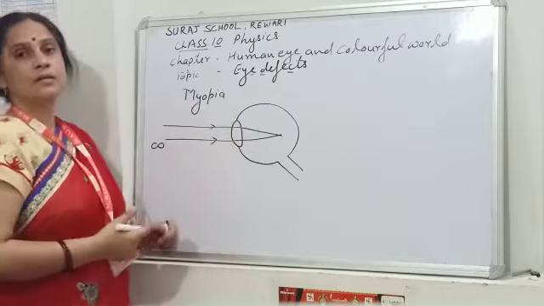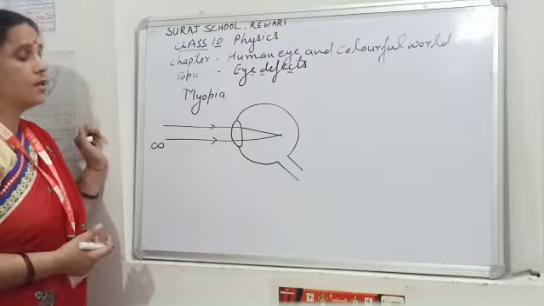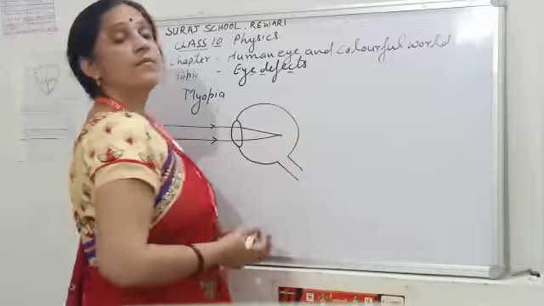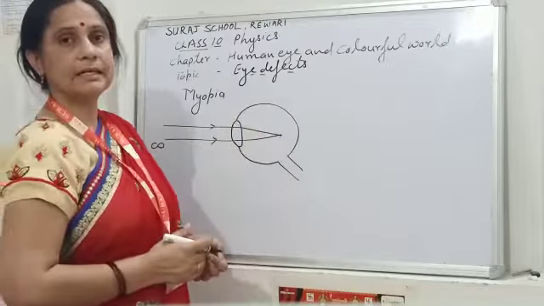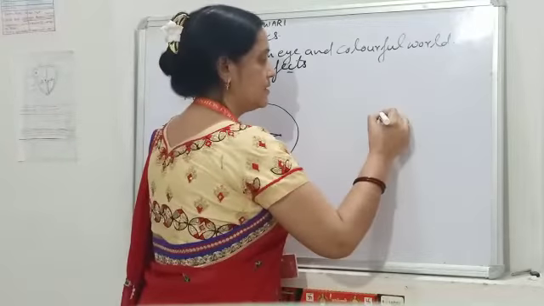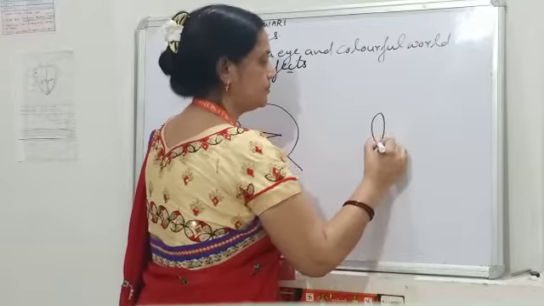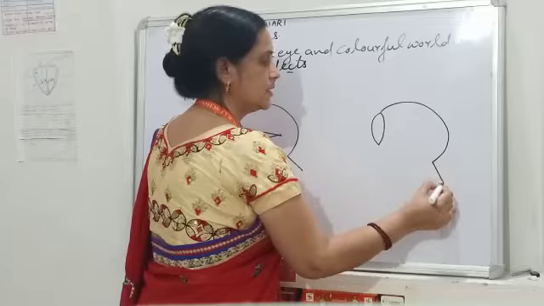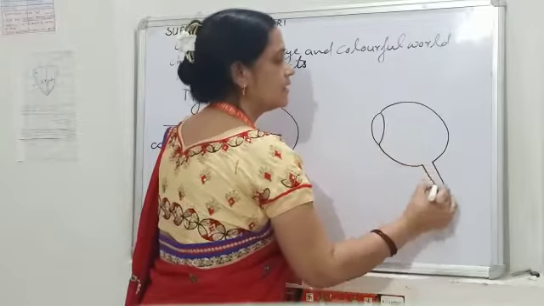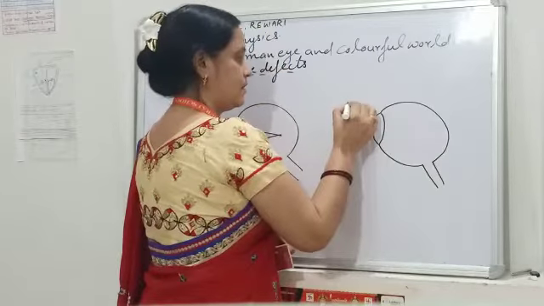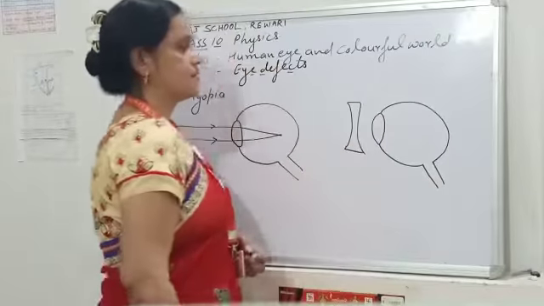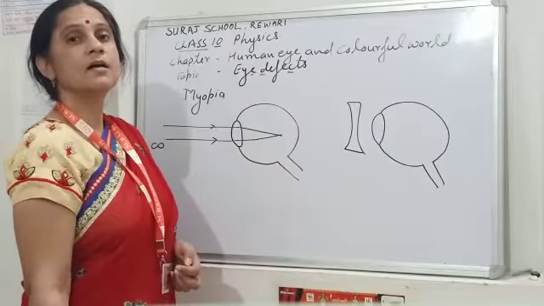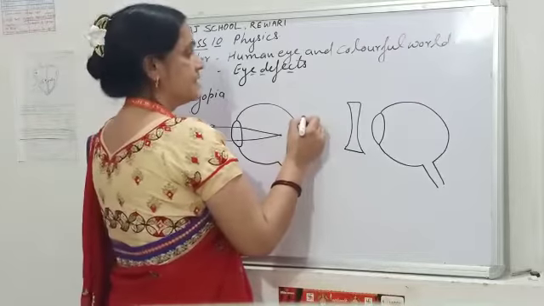Now, how can we correct this defect? With the help of a diverging lens, a concave lens, this defect could be corrected this way. It is our eye. We wear spectacles of a concave lens. Concave lens is the diverging lens.